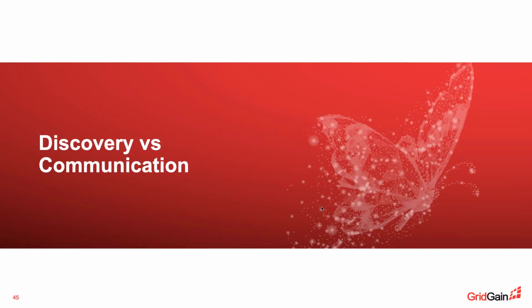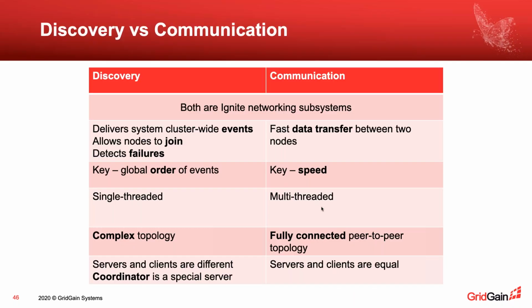And at the end, let's look at the comparison of discovery and communication as the 2 cornerstone networking components in Apache Ignite one more time. So both are Ignite networking subsystems, but they are completely different in what they do and how they do it.